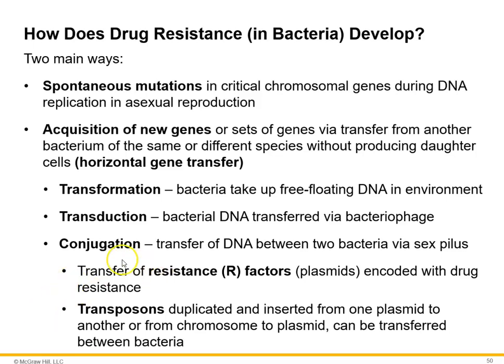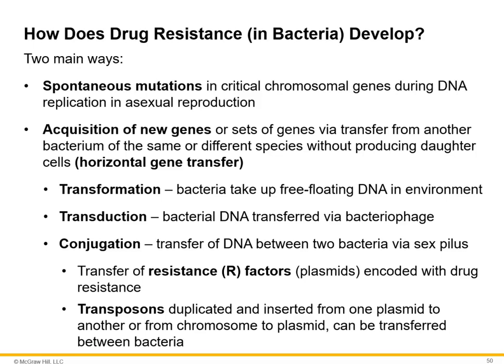Okay, another method, one that we have just touched on, is conjugation. And remember, this is where two bacteria are going to come together and physically contact one another via a long rigid tube called a sex pilus. And they can transfer genetic material between one another via that sex pilus.